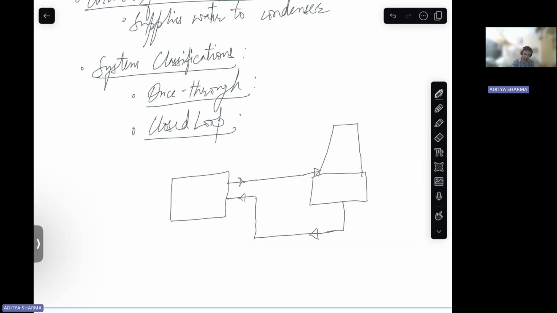So this is your closed loop. This is your condenser. This is your cooling tower. But also, let's say you have a water body here.